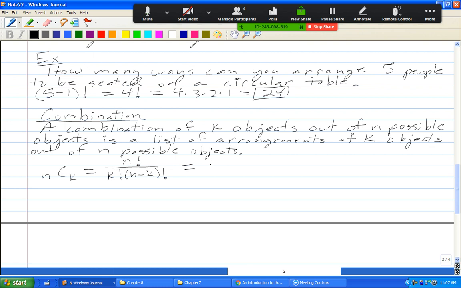It is just nPk over k factorial. Okay. It is also sometimes denoted by this binomial coefficient.